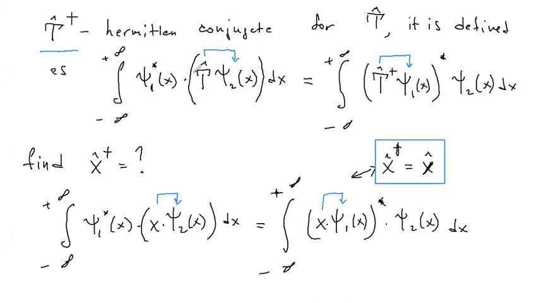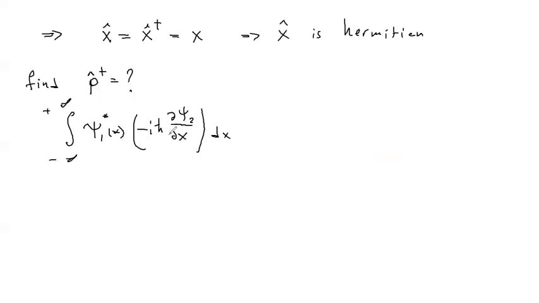Operator of linear momentum is acting on psi2. I hope it is clear. What I can do is move minus i h bar out, psi1 conjugated, derivative of psi2 over x dx. How can I move this action to the left?